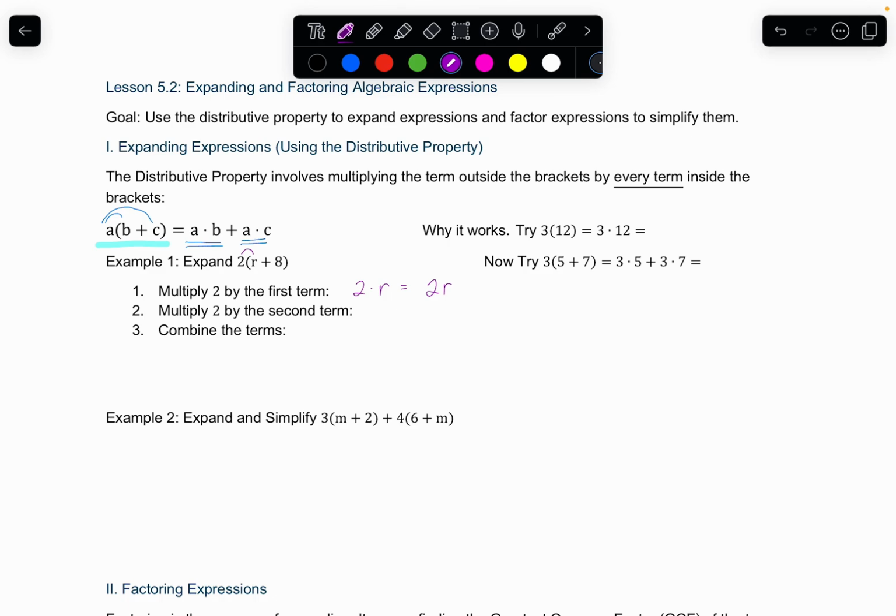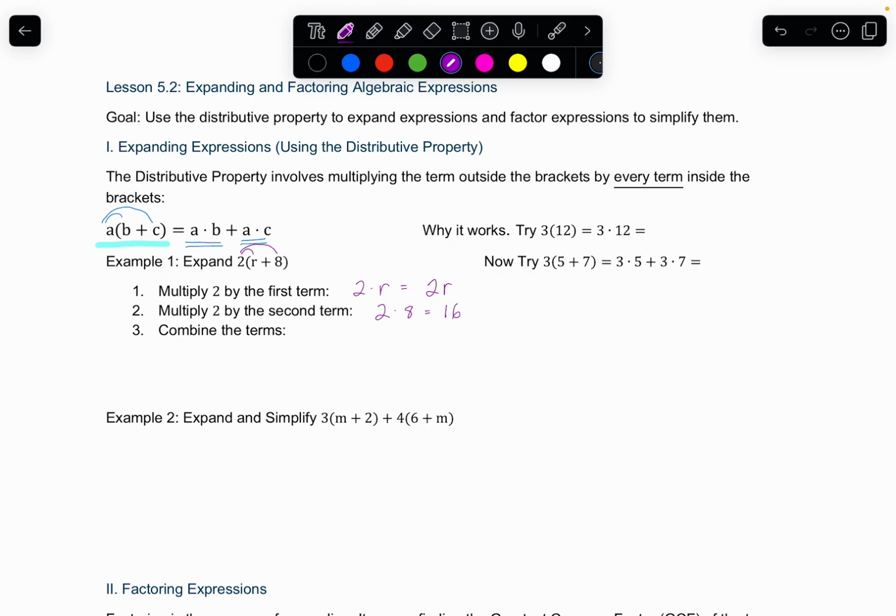By the way, this little dot between my 2 and the r means times. It means multiply. Next, multiply 2 by the second term, so that's 2 times 8. We'll do the same thing as we did before, but with the 8. 2 times 8 is equal to 16.